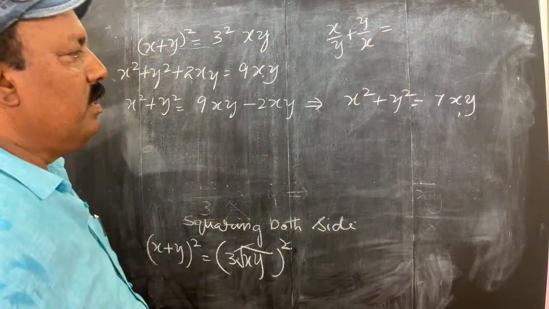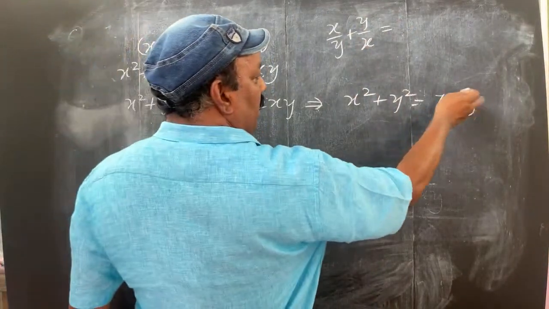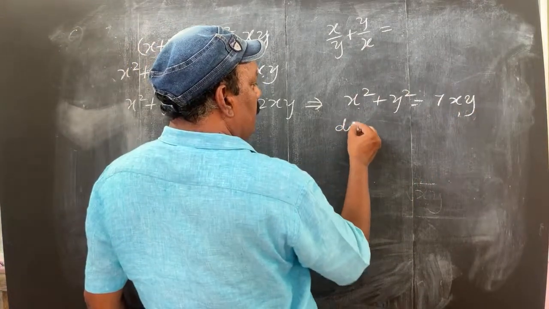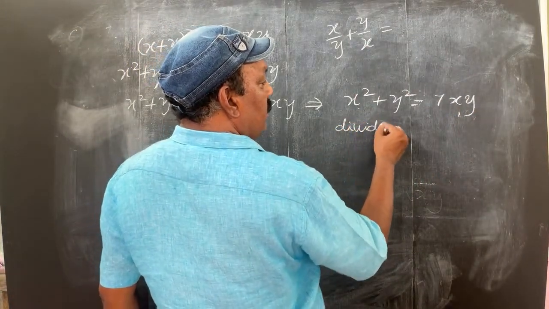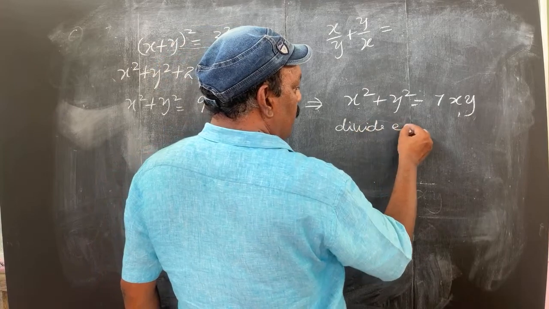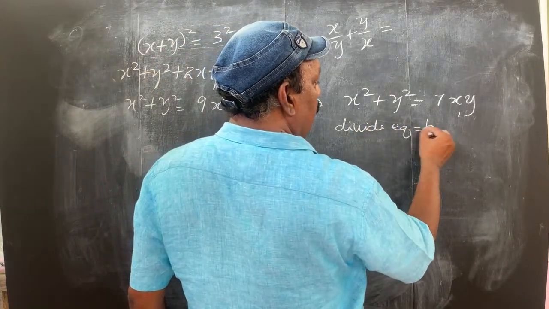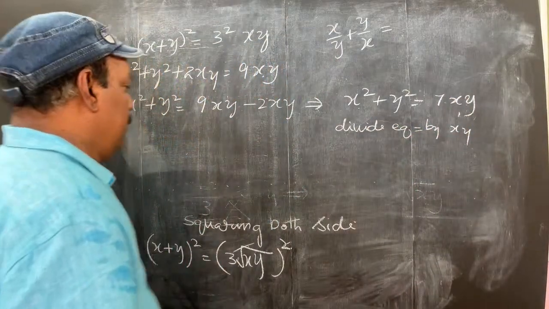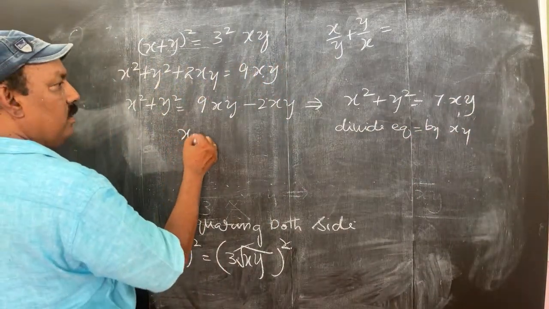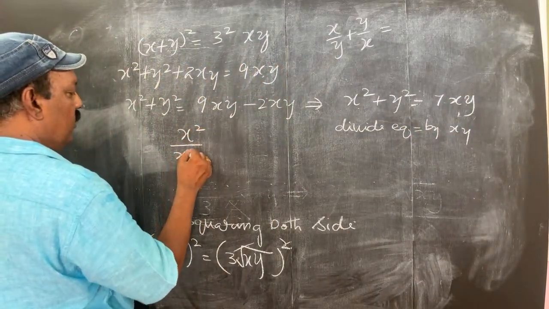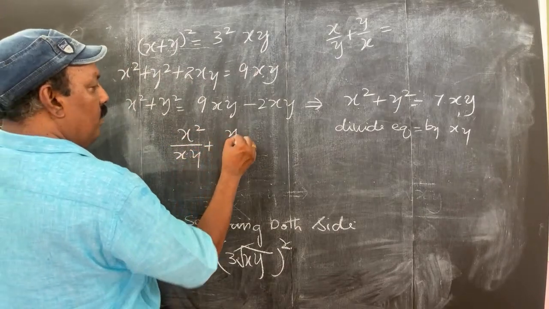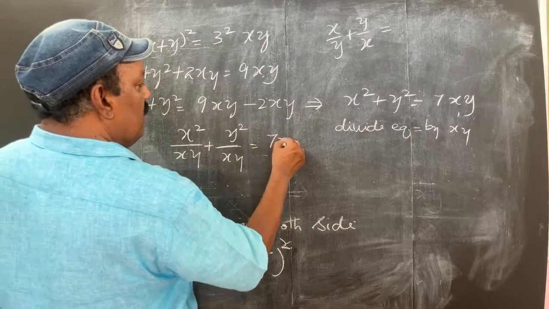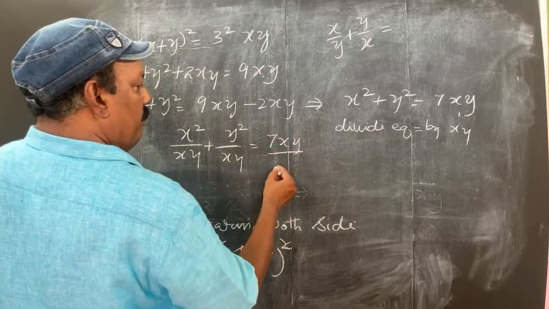So we have to remove certain variables here. How to remove them? Divide the equation by xy. Why? Because then I will get one constant number. So I am dividing: x square by xy plus y square by xy is equal to 7xy by xy.